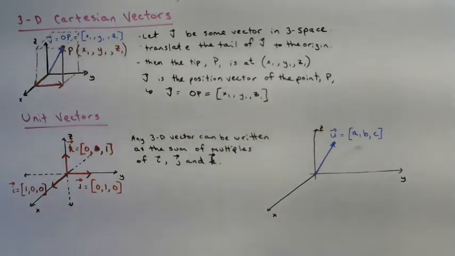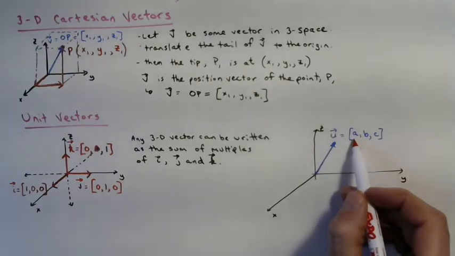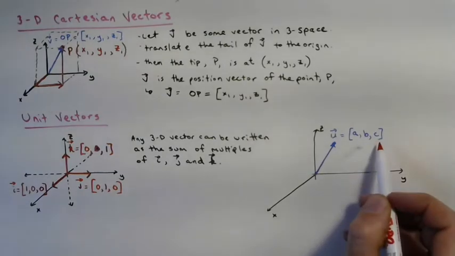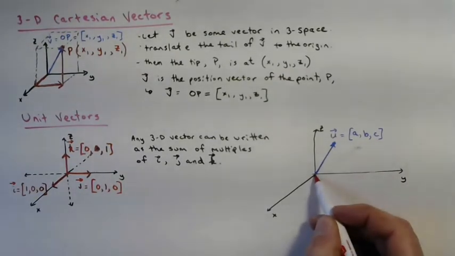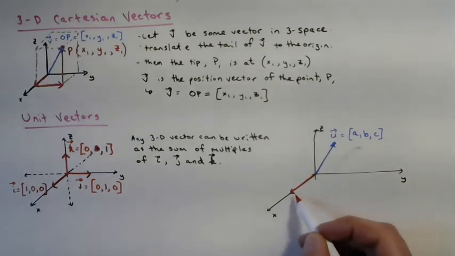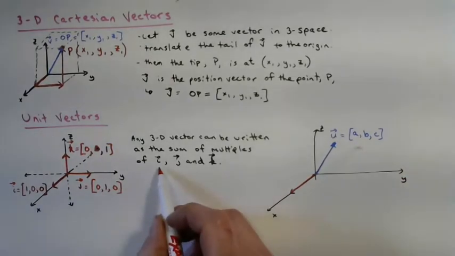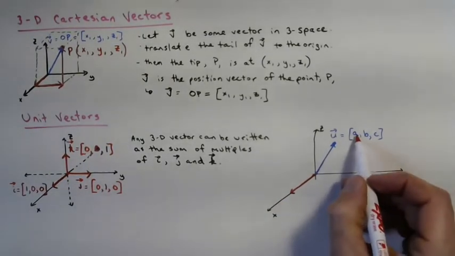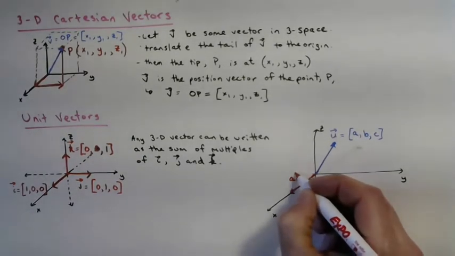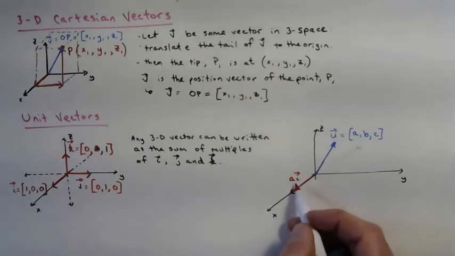If I'm going to build that by finding my magnitude in the x direction, my magnitude in the y direction, my magnitude in the z direction, then what I'm actually going to have as a magnitude in the x direction is some multiple of the unit vector i, and the multiple of it is a. So the length of this line is a, and it's in the direction of the unit vector i.